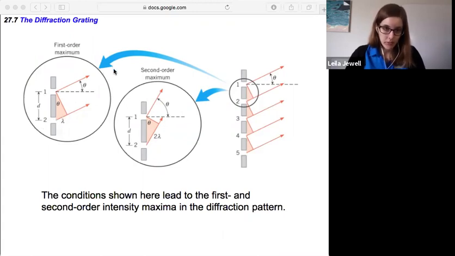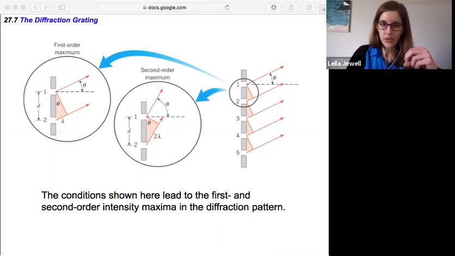We'll get a constructive interference if path length 2 is an extra wavelength longer. That matches our constructive interference condition, so that will be at some angle theta. Similarly, our second order maximum will be when the two slits right next to each other have a path length difference of exactly 2 wavelengths, 2 lambda.